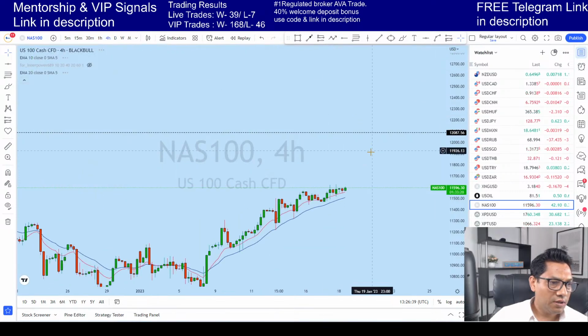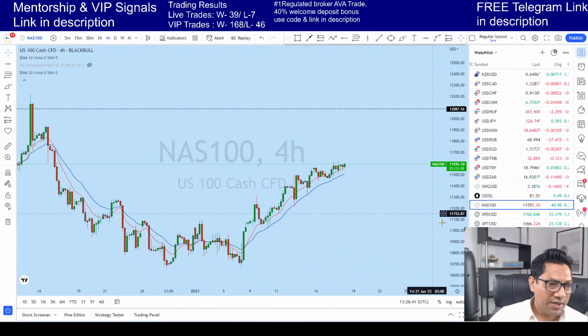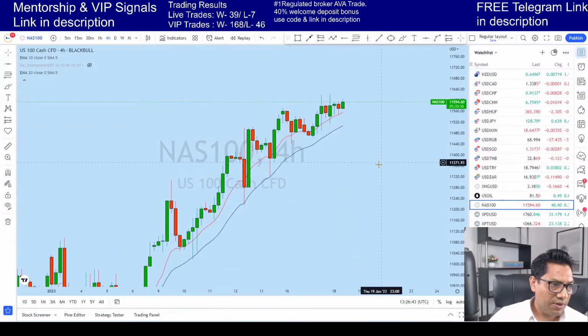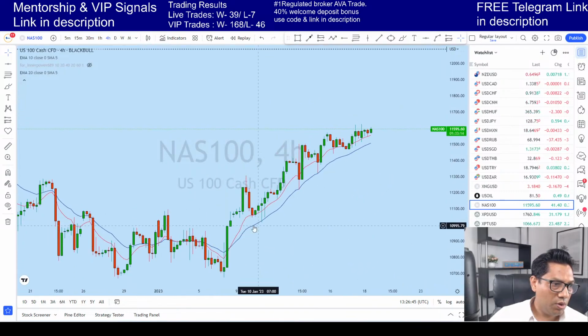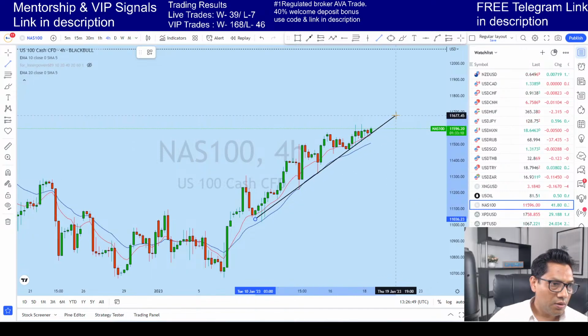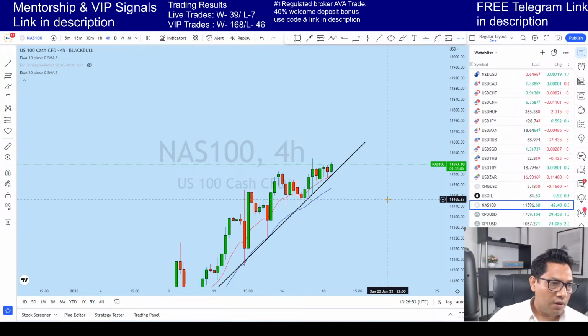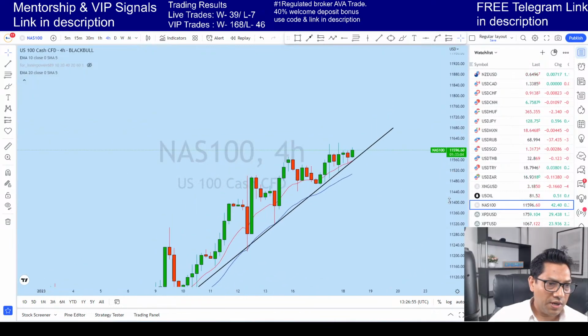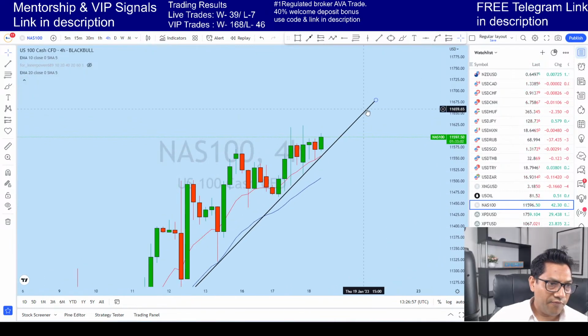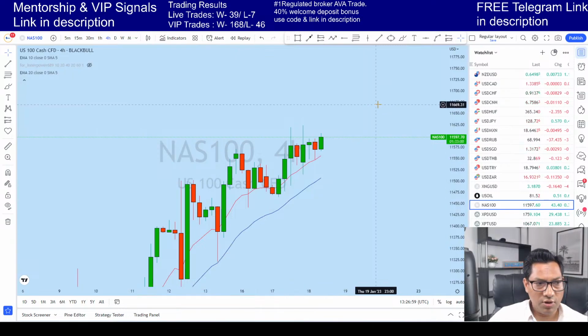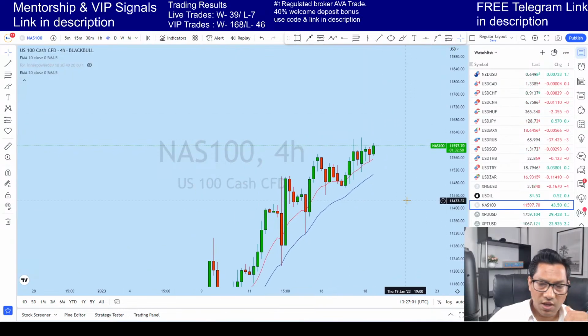Now looking at lower time frame price action, the NASDAQ price was basically moving with a bullish trend with this channel, and the price is going up. But for entry, especially on NASDAQ and US30, I really love to see some false breakout, which is very important for me.